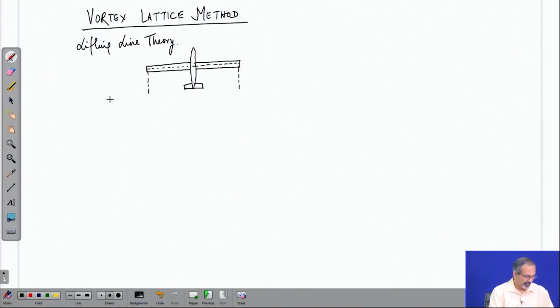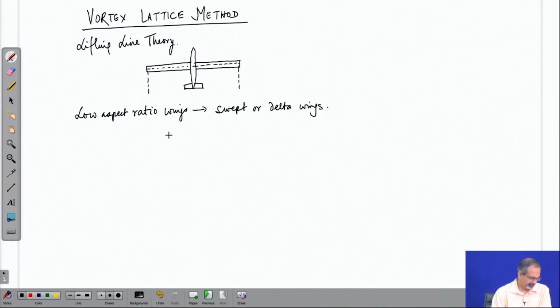However, if you have low aspect ratio wings, and which could also be swept or delta wings apart from straight tapered wings, it is a better idea to bring in a more advanced model, because the predictions improve that way. And the numerical technique which we deploy for solving such problems is what is called as vortex lattice method or vortex lattice technique. So, let us make a simple sketch to explain how we do the numerical modeling.